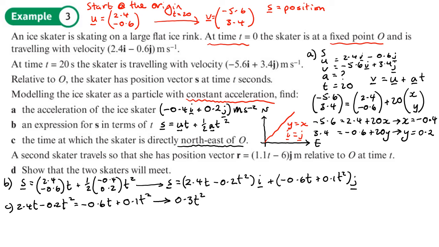If I bring that over here, that means taking away 2.4 from that, so that'll be negative 3, so minus 3t equals 0. Right, let's factorize that. T goes outside the brackets, and then in the bracket we will have negative 3, or I could write it the other way around. Let's write it the other way around so you know what I'm doing.